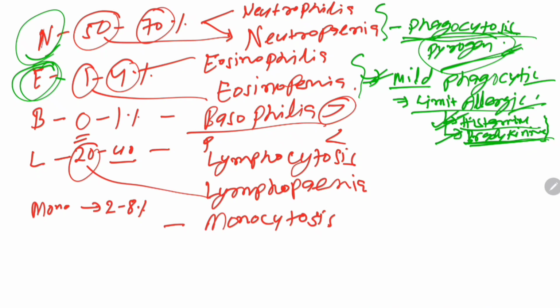If bradykinin is more, some allergic response will be produced. The eosinophil number will increase, and eosinophils will degrade or destroy this histamine and bradykinin, and the amount of histamine and bradykinin will decrease. So the allergic response will be less. Because of this function, eosinophil limits the allergic reaction.